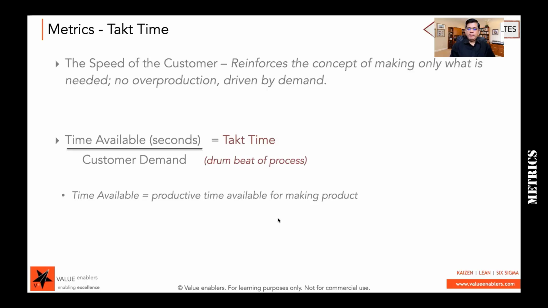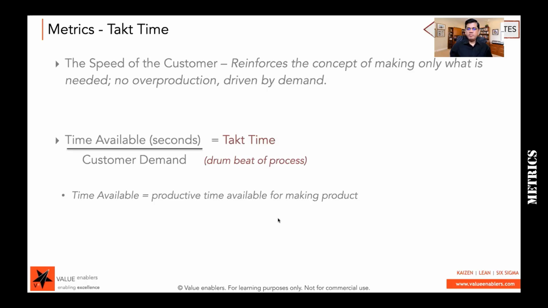So what is the time available? Productive time available for making the parts. In fact, when we go to the depth of value stream mapping, we'll be talking about the ultimate time that is available to all of us. 24/7, right? 24/7 is the total time available for all of us.